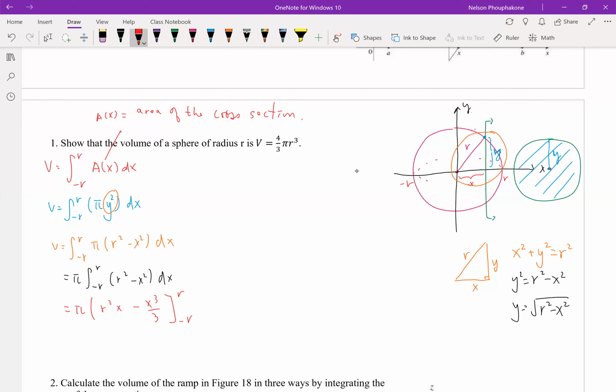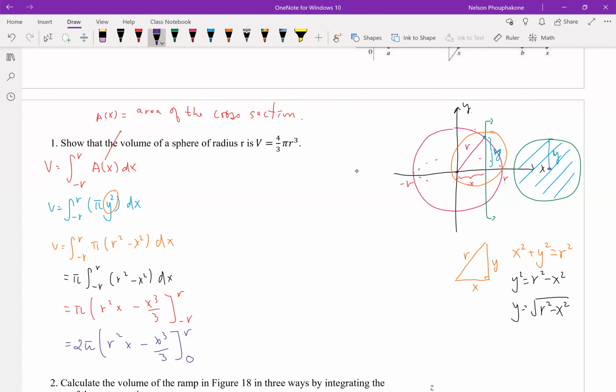Do you see that the integration between negative r to 0 and from 0 to r are the same? So what we could do here is change this to 2 pi times the integral of r squared x minus x to the power 3 over 3, integrating between 0 and r.